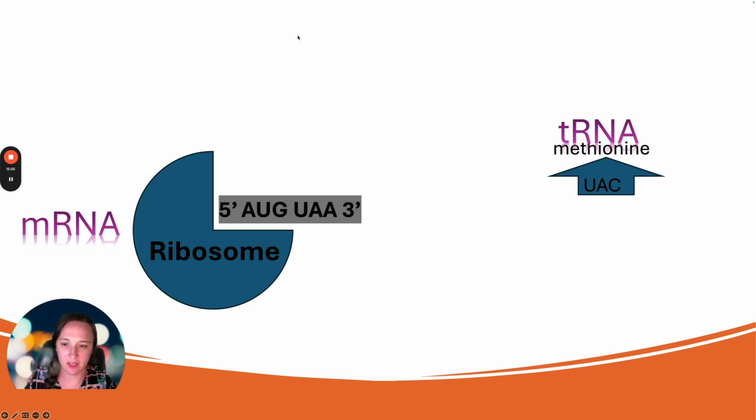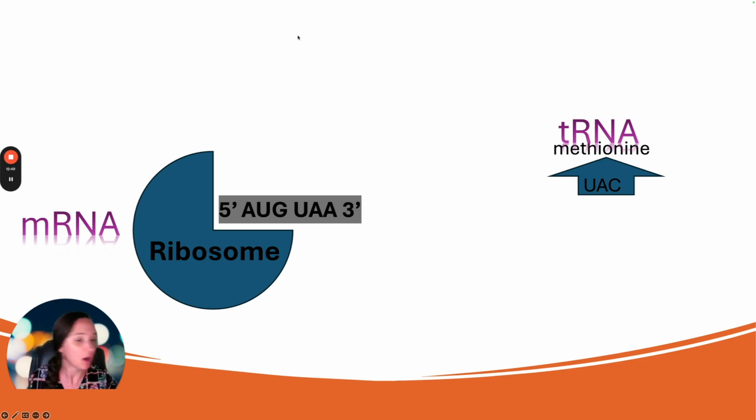So in the case of protein synthesis in humans, the first nucleotide sequence, or the start codon on the mRNA, is always AUG. The anticodon for AUG, which is going to be on the tRNA, is UAC.